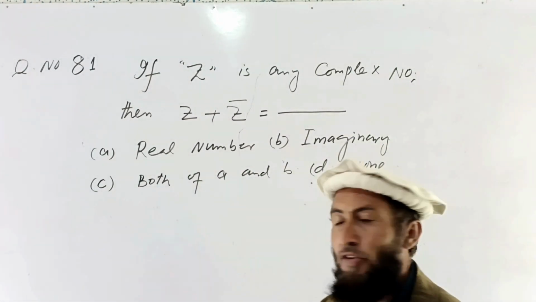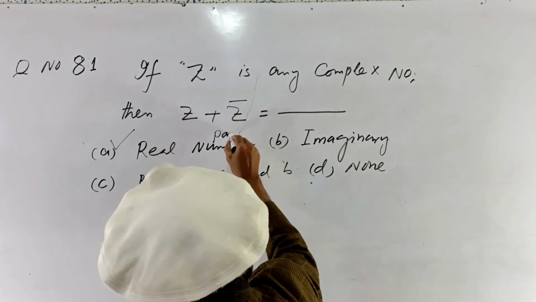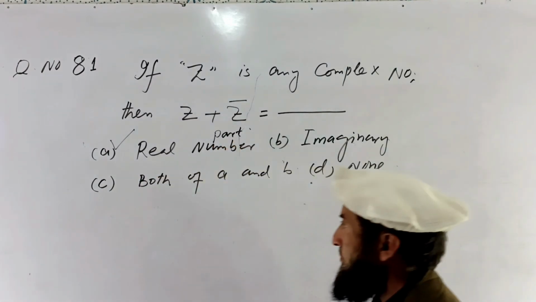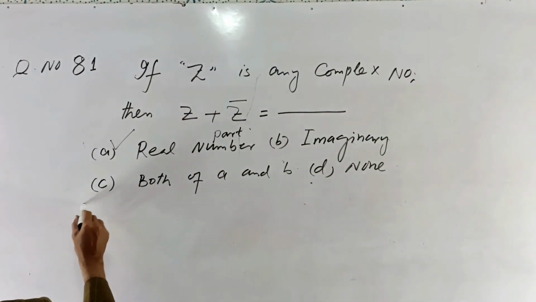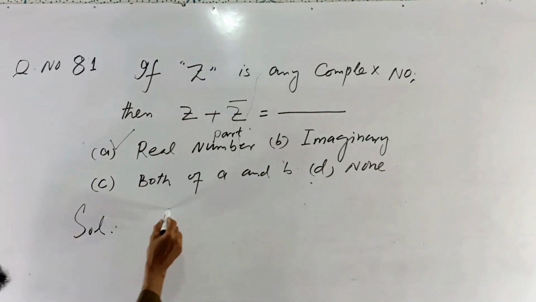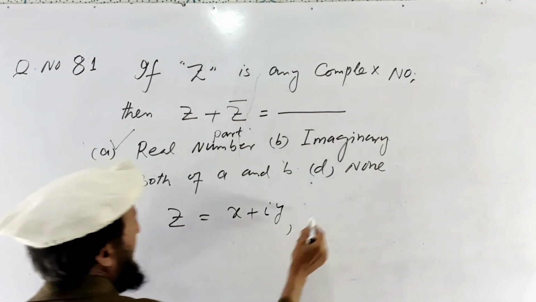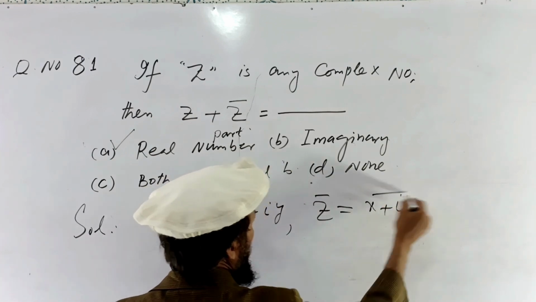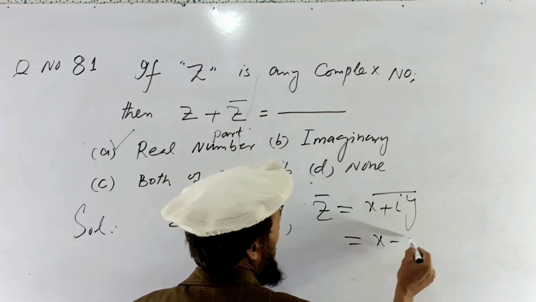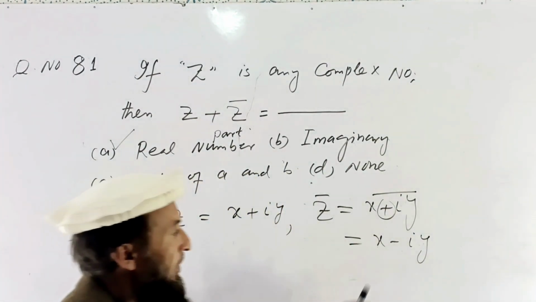So the correct answer is real number, real part. For example, if Z is any number x plus iota y, then Z bar is equal to x minus iota y, because the sign of plus is changed into negative.